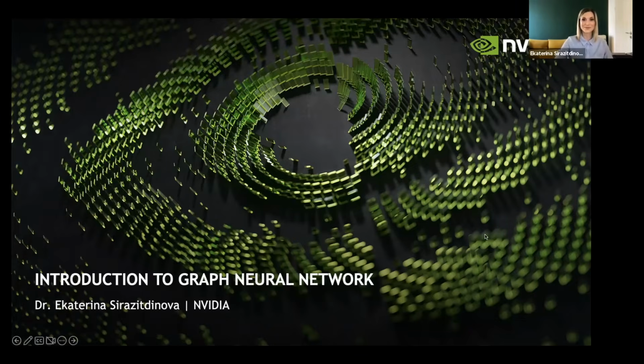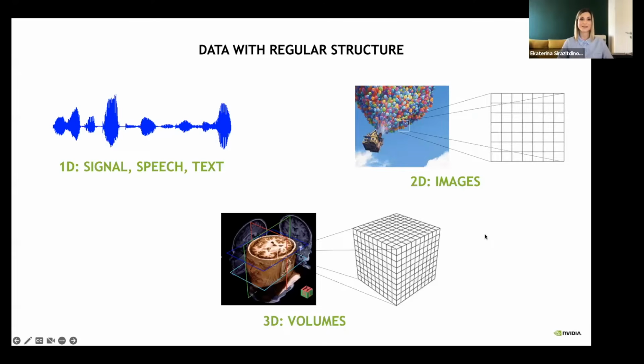When I was giving this lecture before, the title was actually structured data. The reason why I changed it is that many people were confused, knowing the notion of structured data from tabular data and databases. So I decided to change it to data with regular structure.